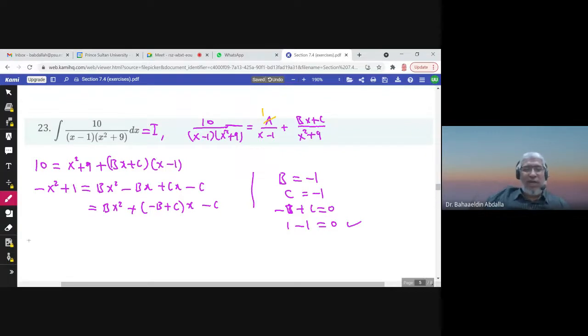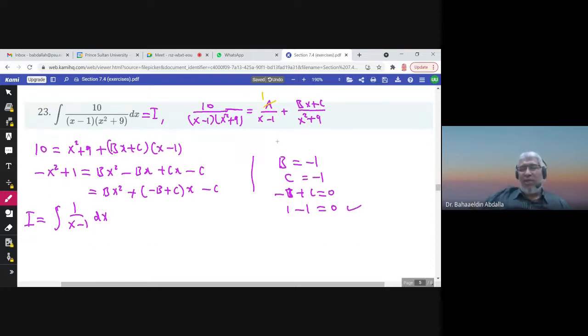So I can write I now as 1 over x minus 1. What is b? b is negative 1. Negative 1 times x, or just negative x. And c is also negative 1, over x squared plus 9.